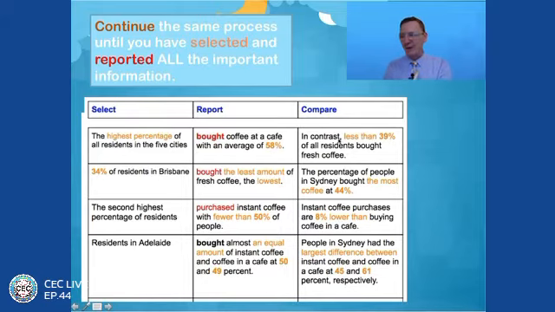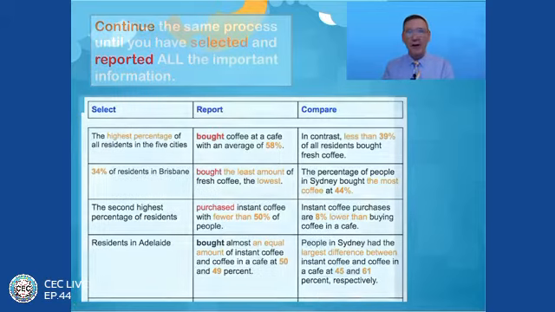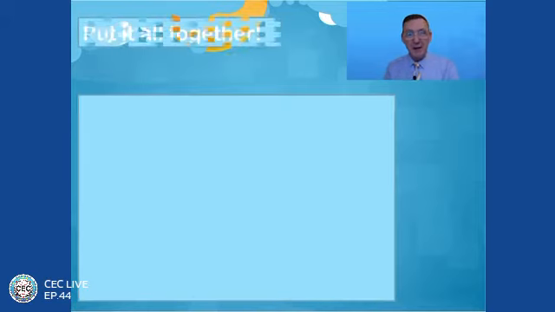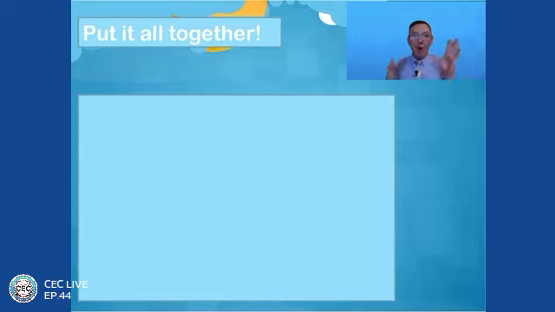Think about how it's organized. When you think about it simply, what we did was focus on an adjective to describe something. People in Brisbane could have been what you selected, and then they bought what? More coffee than, or they went to more tea shops than. Put the whole thing together.